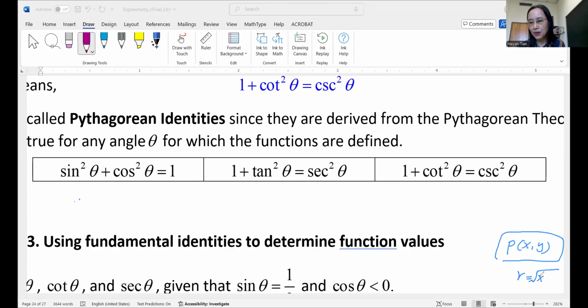We know that part very well. And then we can calculate sine. Sine is simply y over r. But you see, if r is a square root, if you do the square, then you get rid of the square root, right? It's simply r squared will be x squared plus y squared.